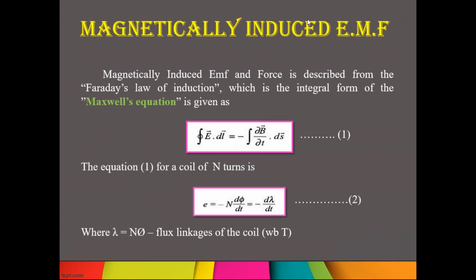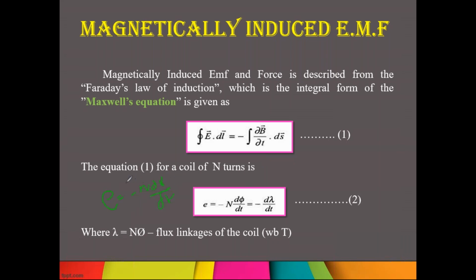So this is the integration of the Maxwell equation, and you can write it like this with respect to time and displacement. Now if you represent this equation for n number of turns, E equals minus n into d phi by dt.